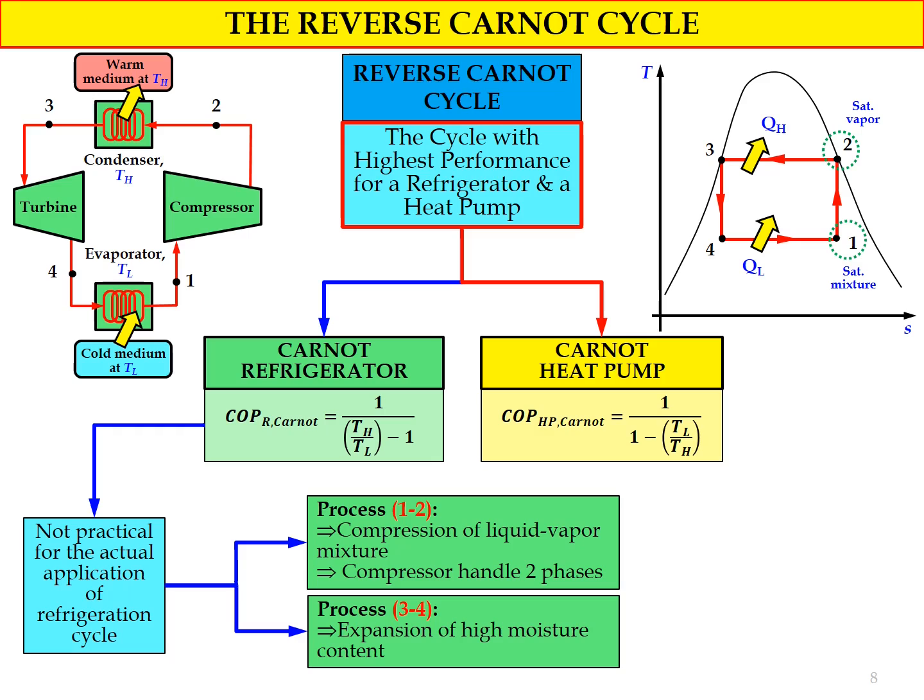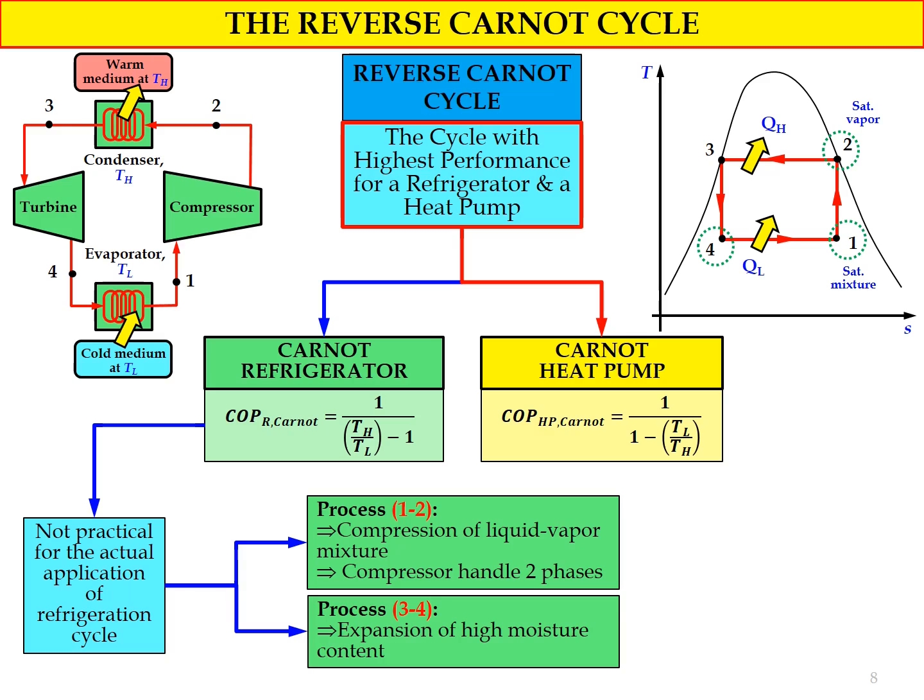Okay, the second problem involves the process in the turbine, the isentropic expansion process from state number 3 to state number 4. If you look at the process in the TS diagram, the expansion process will involve high moisture content refrigerant. The inlet of the turbine will be at saturated liquid, and at the outlet of the turbine, at state number 4, the refrigerant will be in the saturated mixture region.